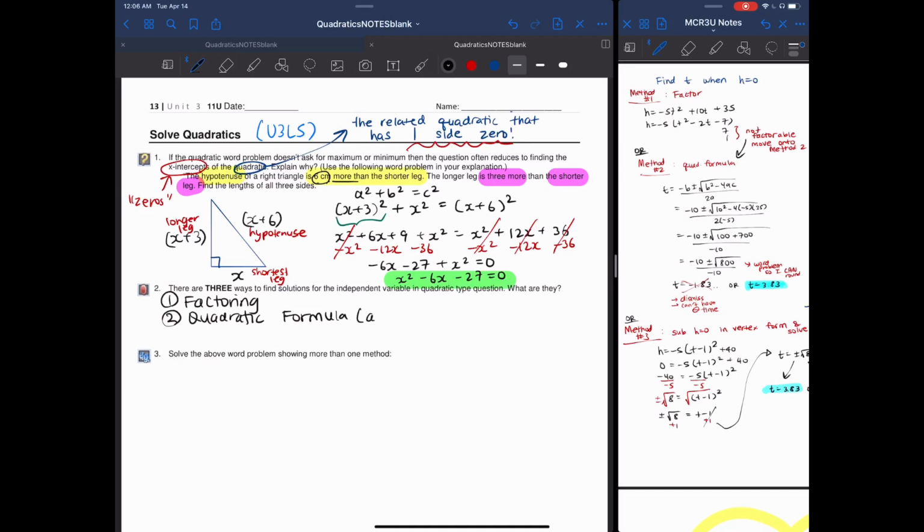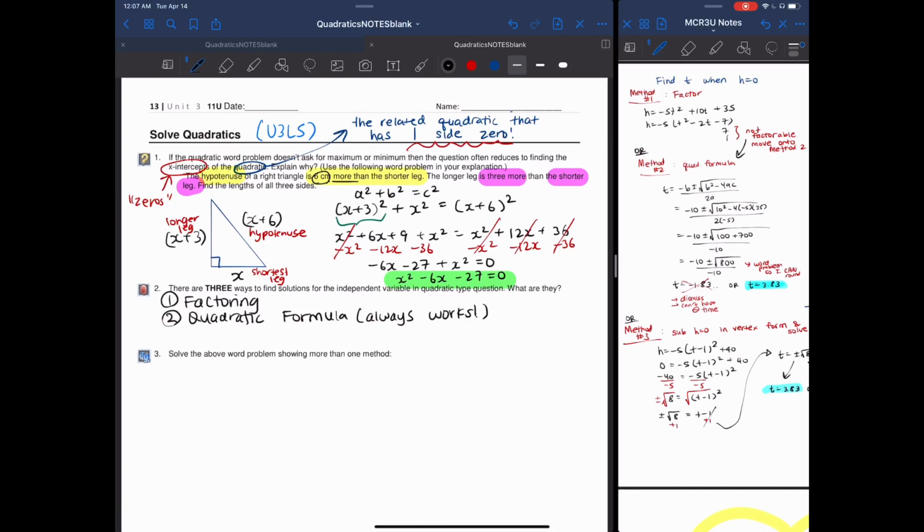And it always works. However, it's not my favorite method because it's not very quick. But for word problems, we might see ourselves use the quadratic formula more often, maybe because there are decimals involved and whatnot. So usually I would try to factor first, and if it doesn't work, use the quadratic formula.